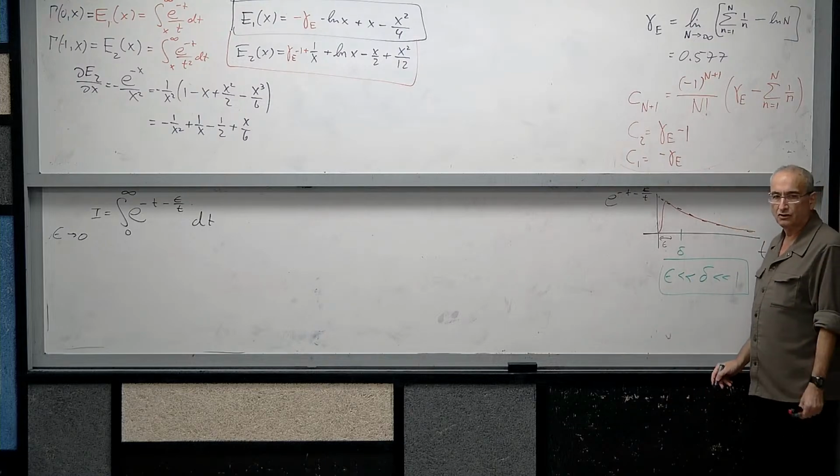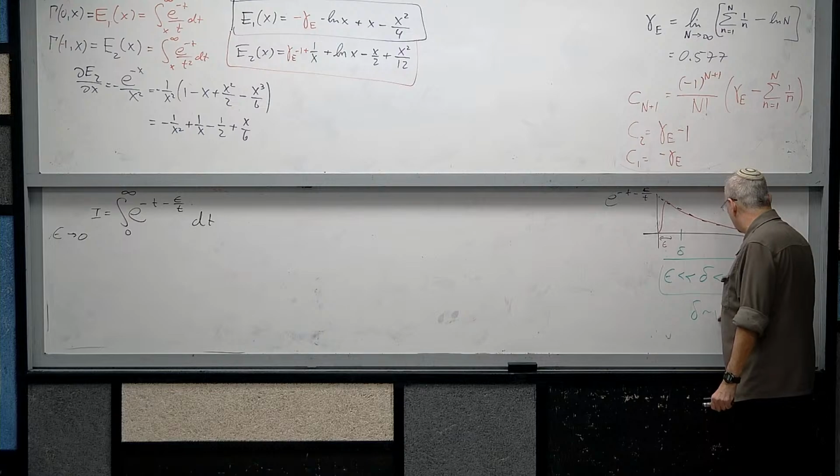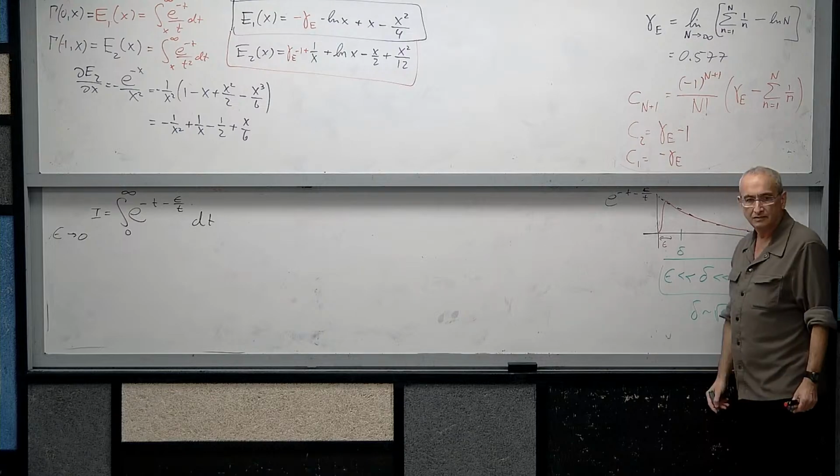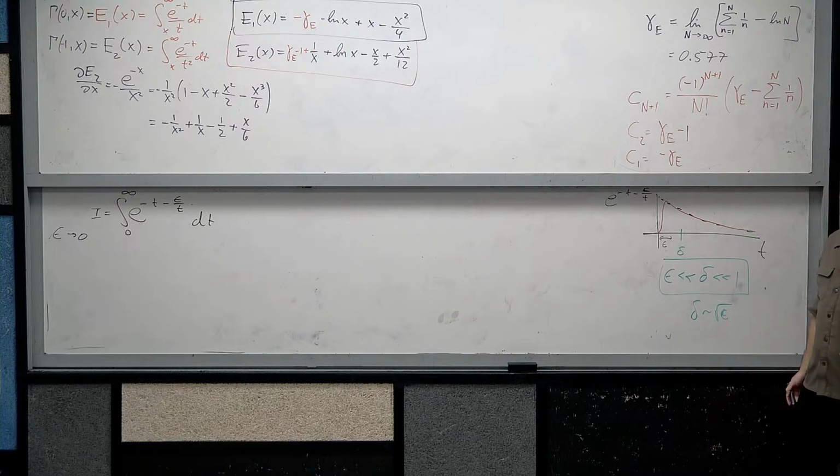So for example, if you want a concrete example, maybe delta is going like square root of epsilon. As epsilon goes to 0, delta will be much larger than epsilon, but otherwise it's a free parameter.